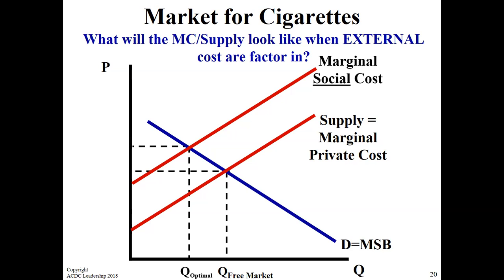This is what society wants, because they're taking in the private and external cost. So this is the optimal price and quantity. This says marginal social cost, and what marginal social cost equals is the private cost and the external cost.